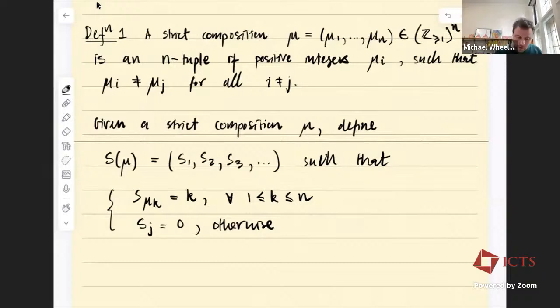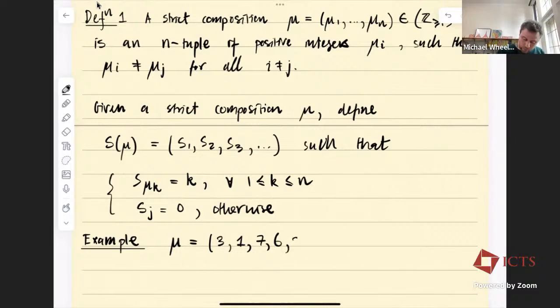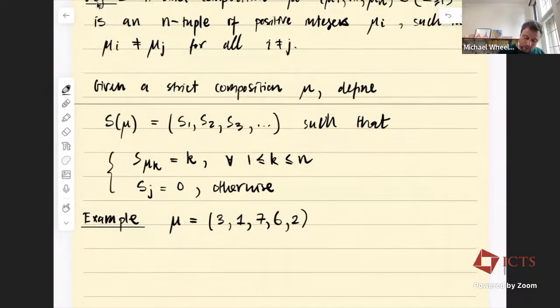So maybe this is more clearly illustrated on an example. Let's suppose we have the following strict composition: 3, 1, 7, 6, 2. This is an example where little n is equal to 5.